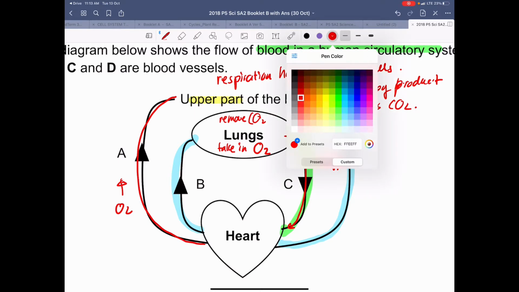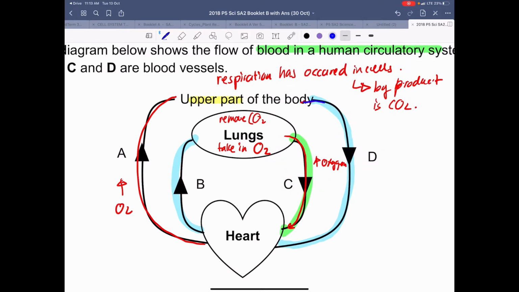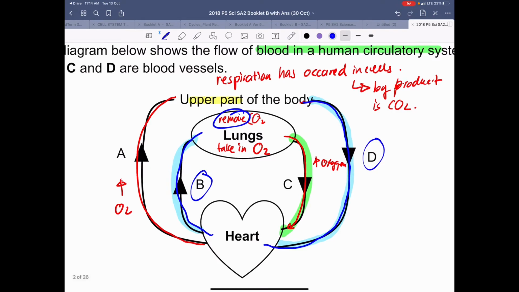Okay, I'm going to use blue to show the oxygenated blood. And then it will carry this carbon dioxide to your heart. From your heart, it will go to the lungs, where it's removed. You see how it's linked? Because your heart pumps deoxygenated blood, which is rich in carbon dioxide, to your lungs to be removed, that's why B is also rich in carbon dioxide. So the answer is B and D.